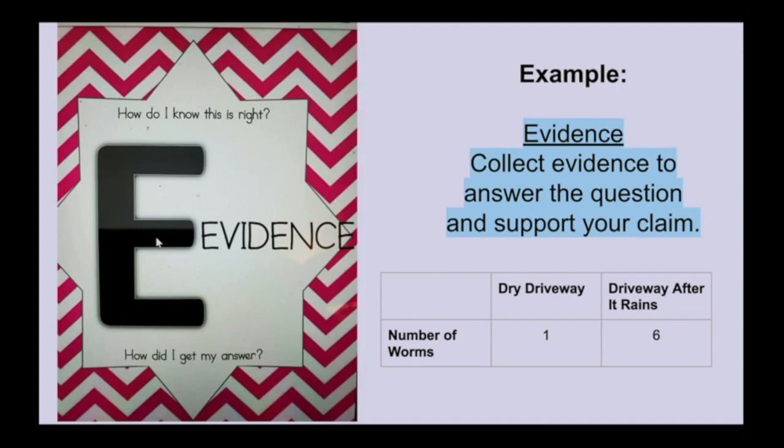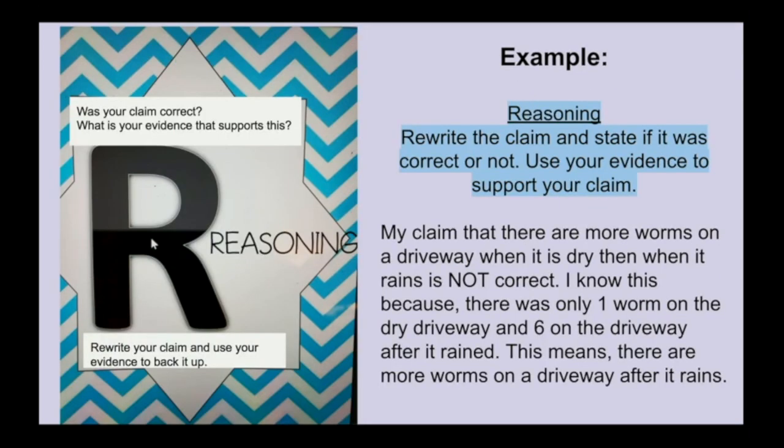So now you're going to take your evidence and use all that information to write your reasoning section. So this is where you say, was your claim actually correct? And what is your evidence that supports that? So for your reasoning, you need to rewrite the claim and state if it was correct or not. Then use your evidence to support your claim.